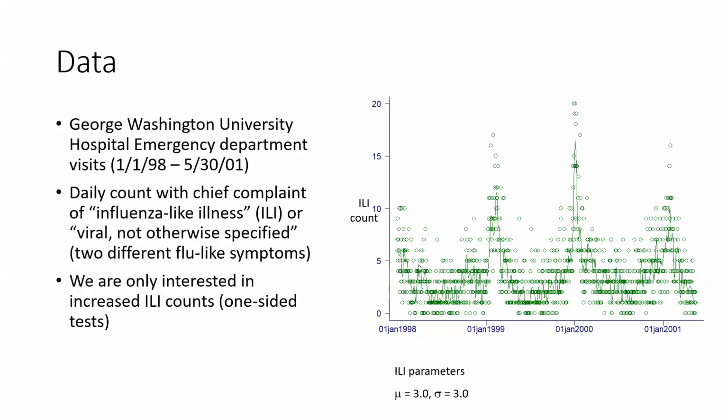And so here you see the number, and well, it goes from 0 to 10, and then during the flu season, it goes higher sometimes, up to about 20 persons in just this one hospital, right? And so we are only interested in increased counts of flu-like symptoms, so we don't need to worry about a decrease, because terrorist attacks wouldn't manifest themselves in the disappearance of the flu.